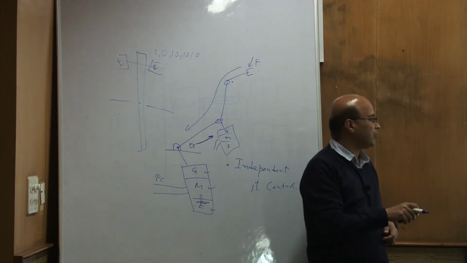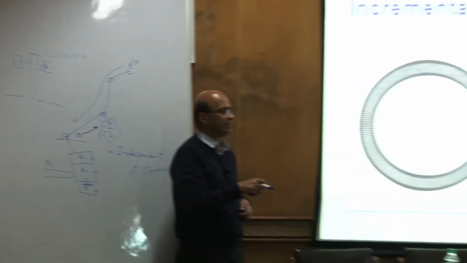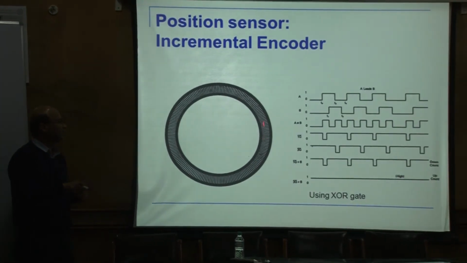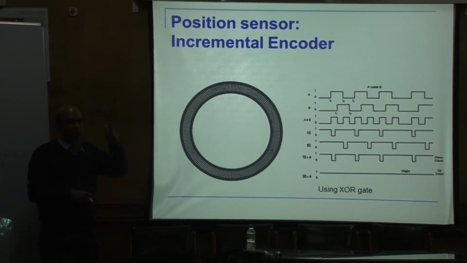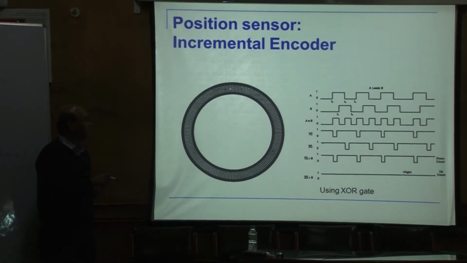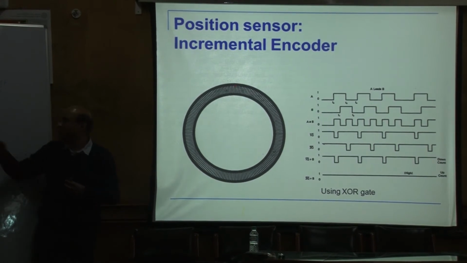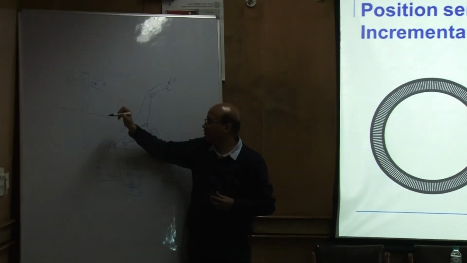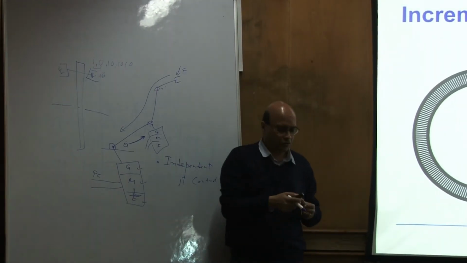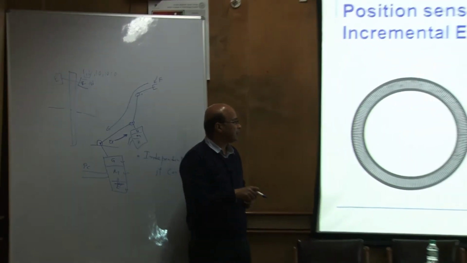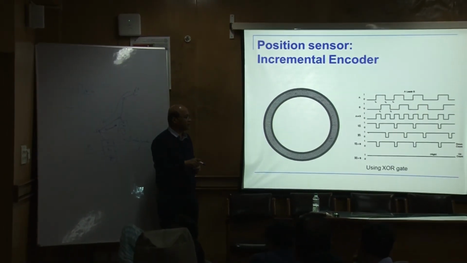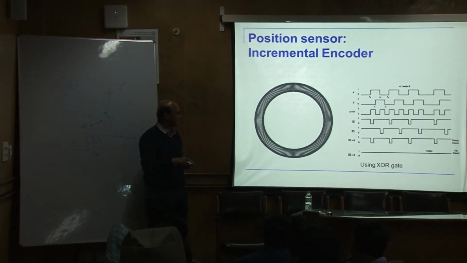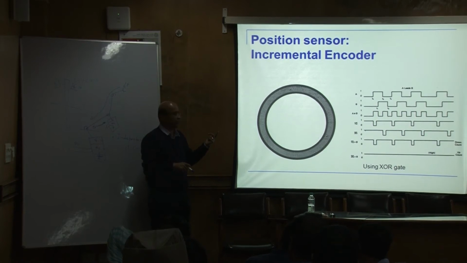So, if one rotation is 360 degrees, and if there are 200 cuts in there, then it is 360 by 200, which is about 1.8. That means the distance between one signal to the other one, from here to here, is about 1.8 degrees.